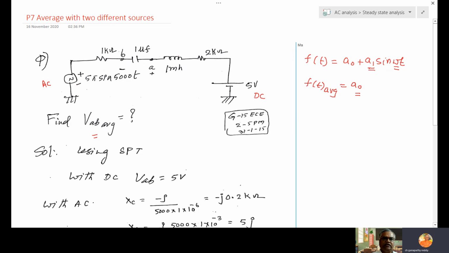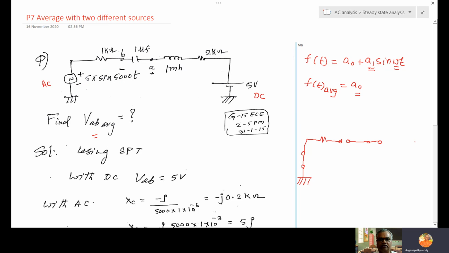So with the DC, this AC voltage source is not there. And the resistor is there. For DC, the capacitor is open, and for DC, the inductor is short.